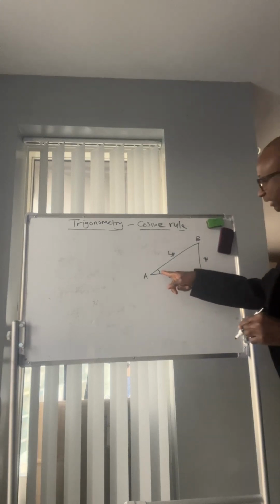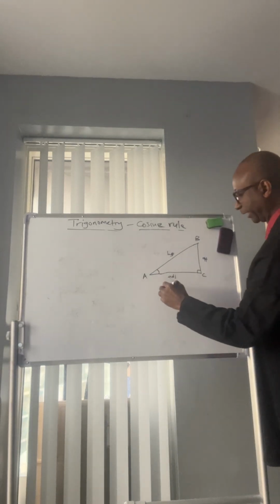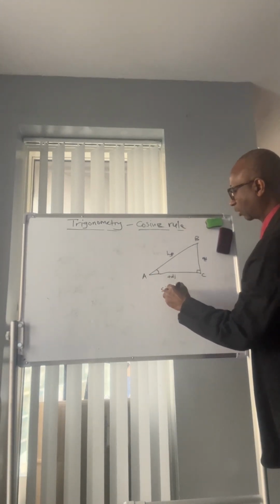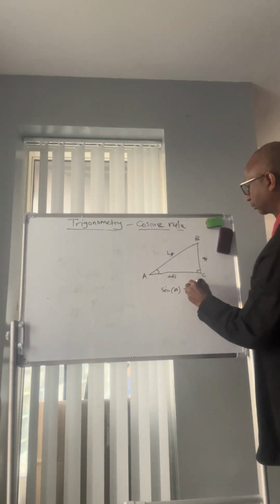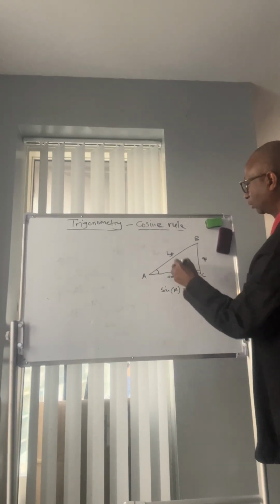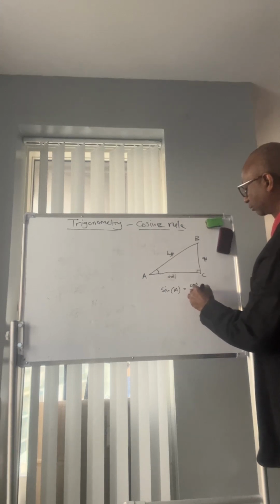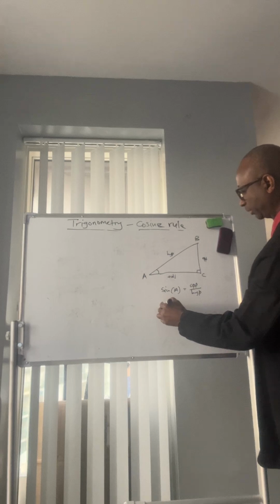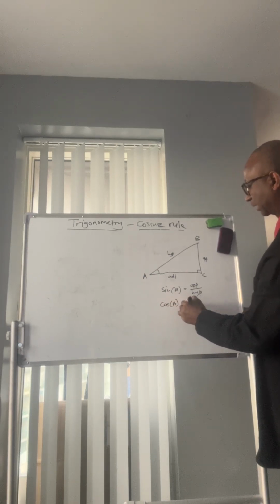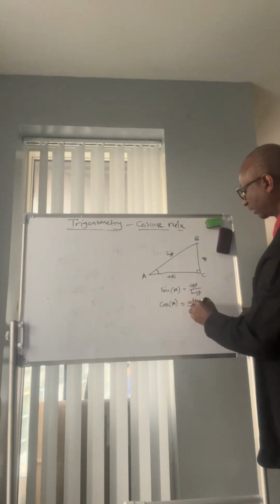So you want to find the sine of angle A. Sine of A will give you the opposite side all over the hypotenuse side. If you want to find the cosine of angle A, cos A, this is the adjacent side divided by the hypotenuse side.